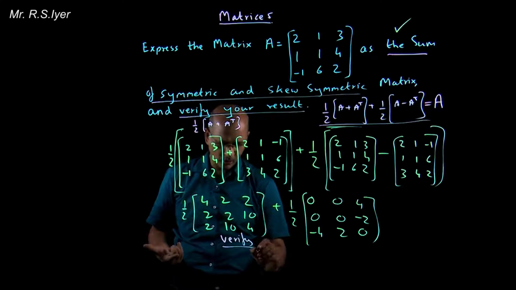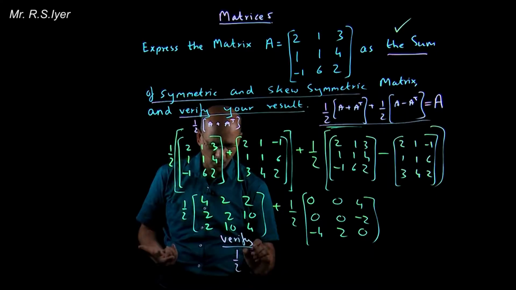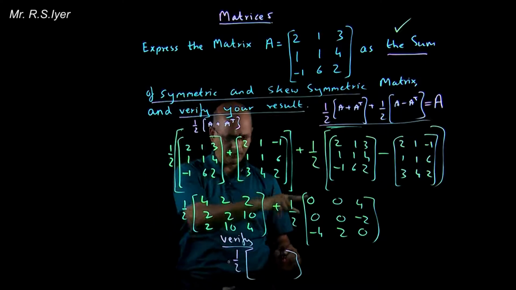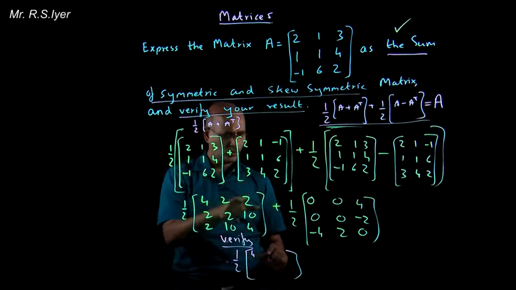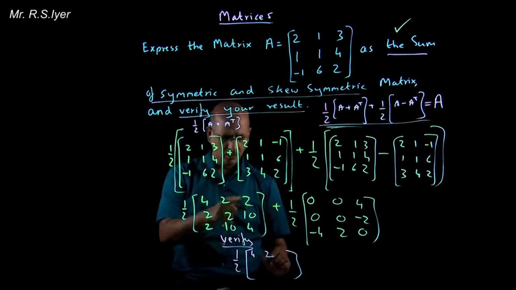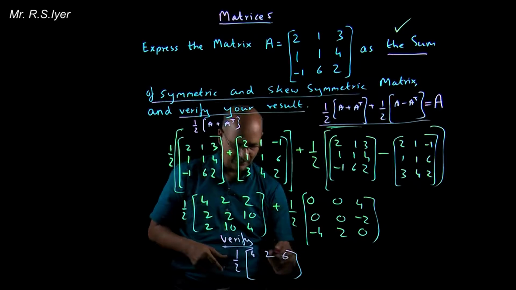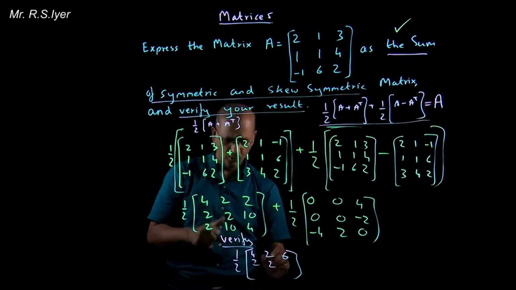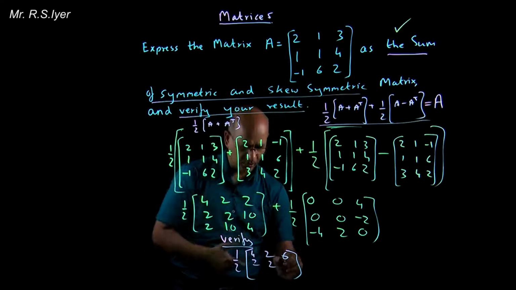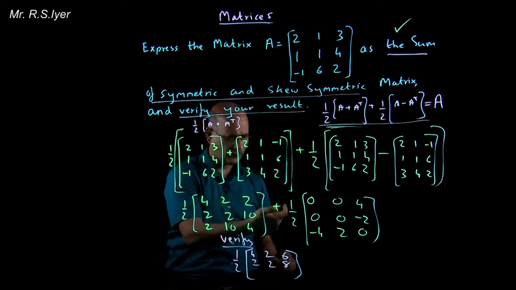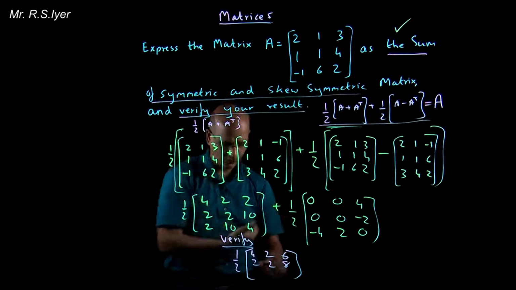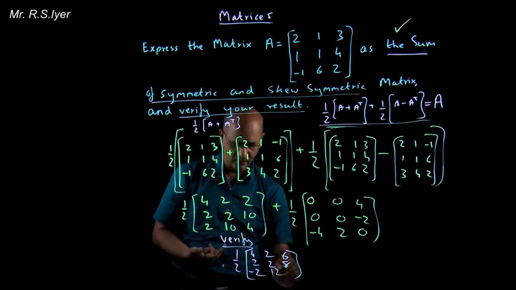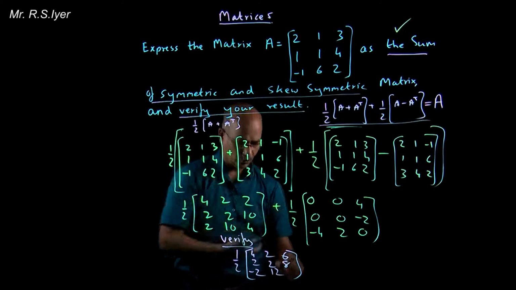If I take half common, what will be left? 4 plus 0, 4, 2 plus 0, 2, 2 plus 4 is 6, then 2 plus 0, 2, 2, 10 plus minus 2, that is 8, and 2 plus minus 4, that is minus 2, and 10 plus 2 is 12, and 4 plus 0 is 4.